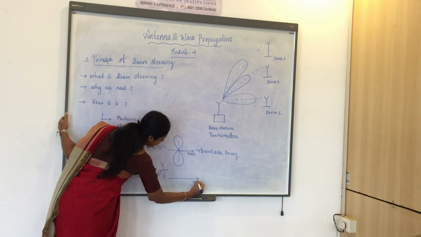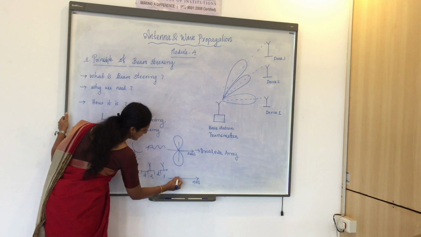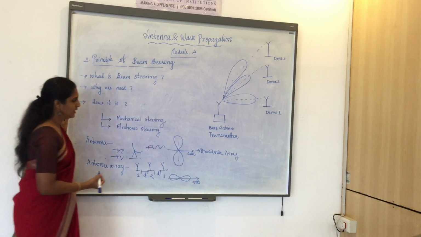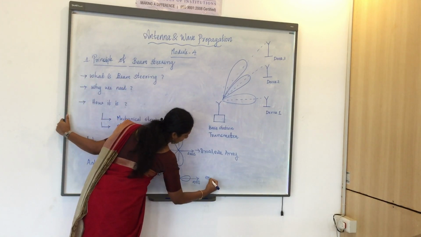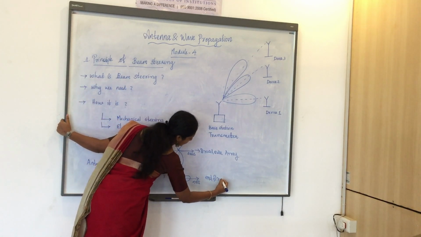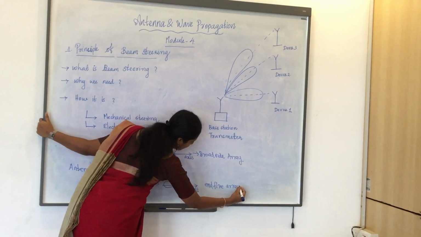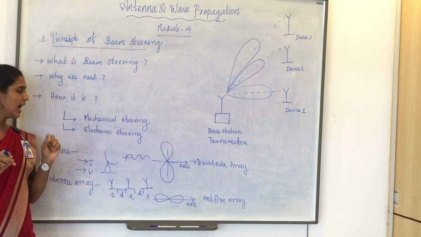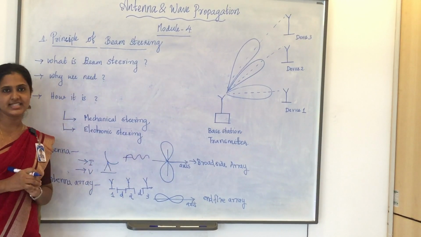In that case, the radiation pattern is along the axis of the antenna array. These are the two main cases of antenna radiation pattern orientation: one along the axis of the array and one perpendicular to the axis of the array.